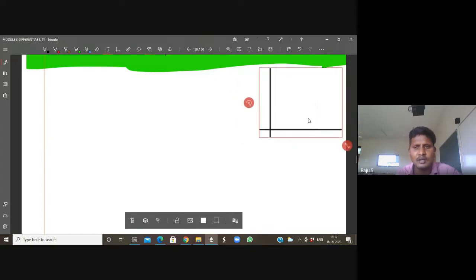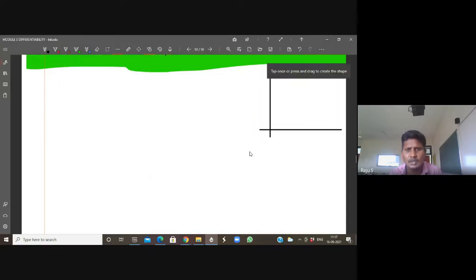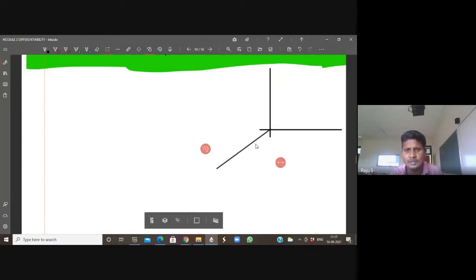You can take a corner, as I told you. The corner point is like the origin. Let us say this is the 12C classroom. Every classroom consists of three dimensions. Like this, I'm taking the x-axis, y-axis, and z-axis.